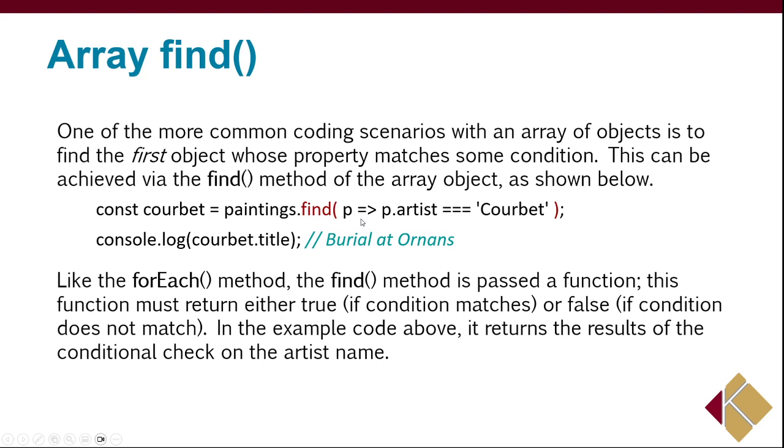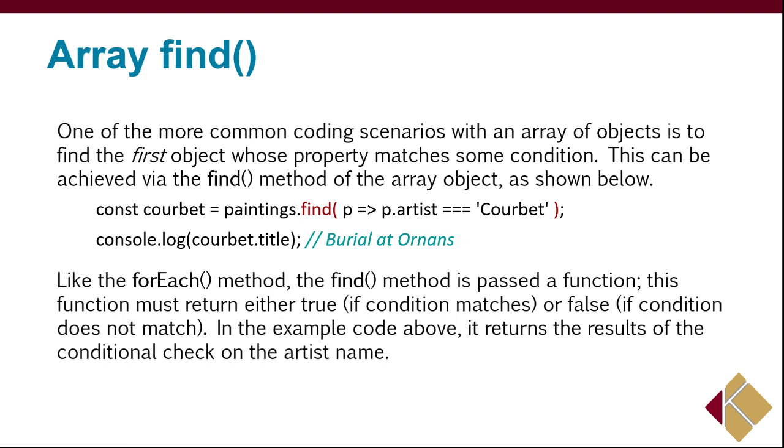So this is within that array, find the array item artist that matches Courbet. And then log Courbet title. Because we have Courbet set here, so to find the thing, and then log the title of the item.